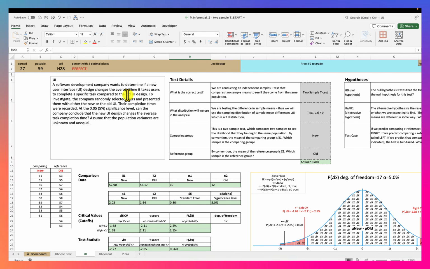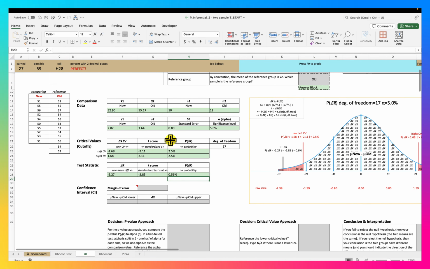So there is a difference, and in this case, it's a good difference in the sense that it's taking less time for users to use the new UI to get stuff done.